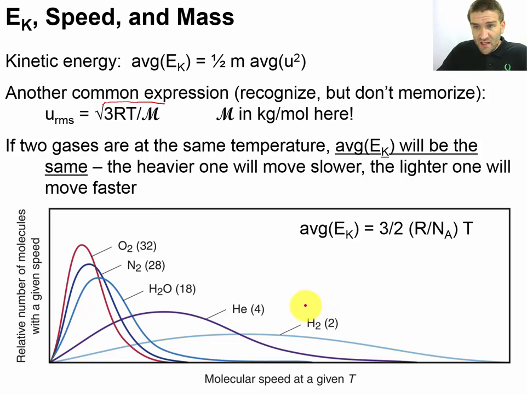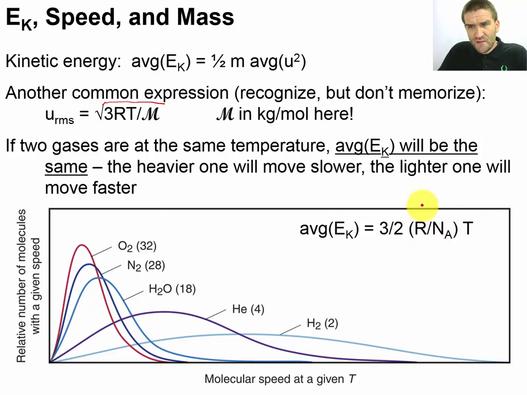Now, I'll point this one out too. Average kinetic energy equals 3 divided by 2 times R divided by the Avogadro's number times temperature. This is another way that you can determine and convert between kinetic energy, number of moles, and temperature. But I really want to point something out here.